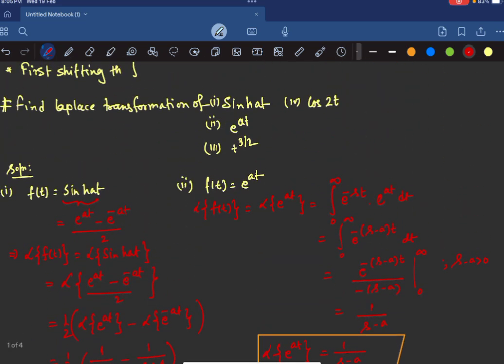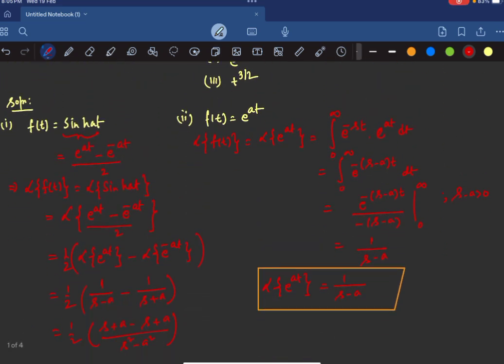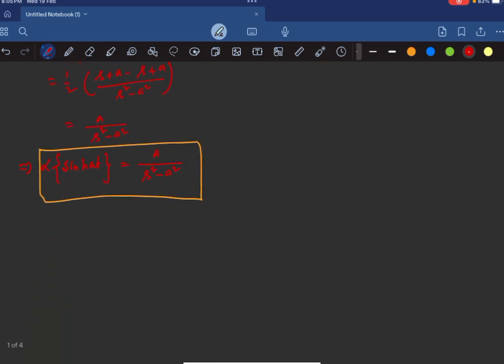Next, the third one: Laplace transform of t power 3 by 2, where f(t) is t power 3 by 2. In the last class we covered one formula, that the Laplace transform of t power n is gamma of n plus 1 by s power n plus 1. This is a standard formula we studied.